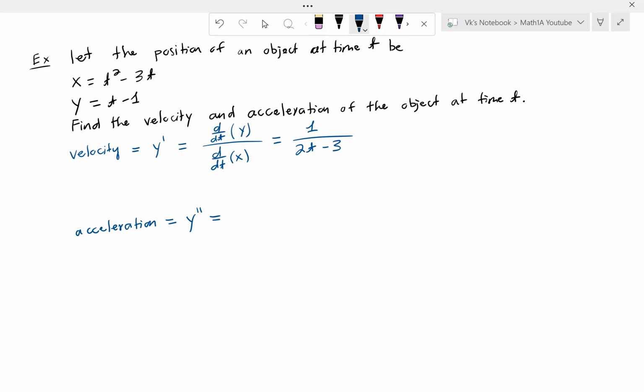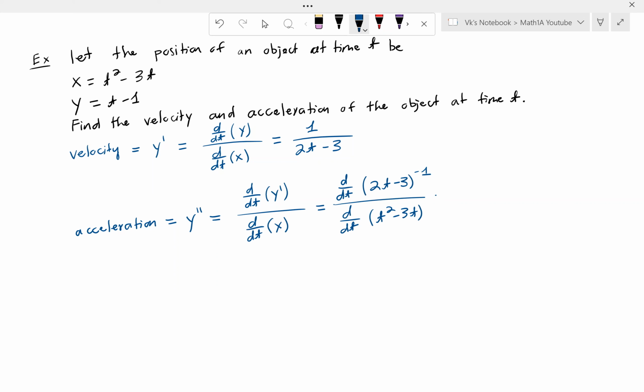According to the formula, that is the derivative with respect to t of the first derivative over the derivative with respect to t of x. So it would be the derivative with respect to t of (2t minus 3) to the negative 1, over the derivative with respect to t of x, which is t squared minus 3t.